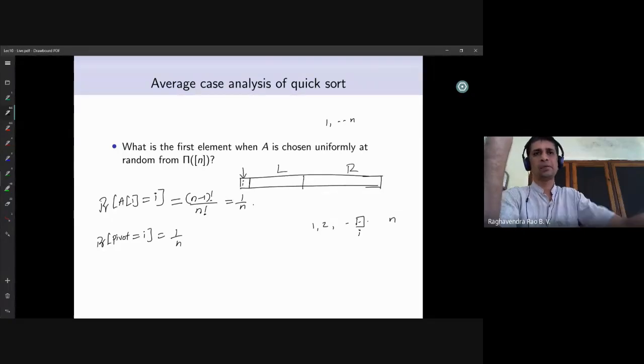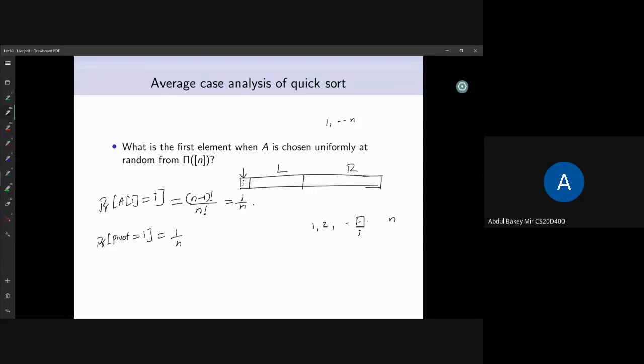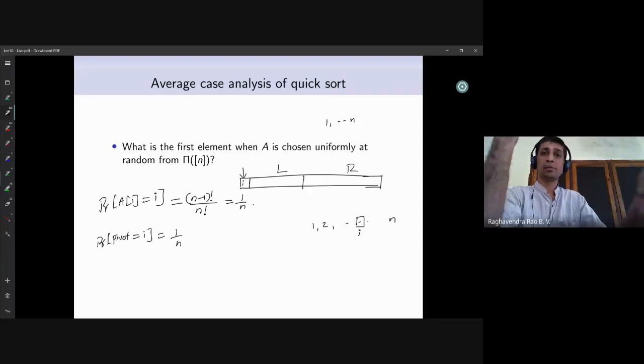In fact, it holds for any permutation. So the probability process is equivalent. That's what I'm saying.